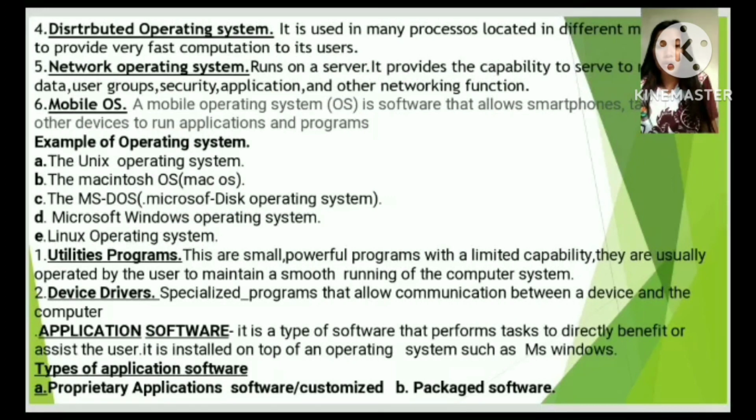It is installed on top of an operating system such as MS Windows. Types of application software: proprietary application software or customized software. It is software designed for a particular customer. In this case, we need to hire a computer programmer.